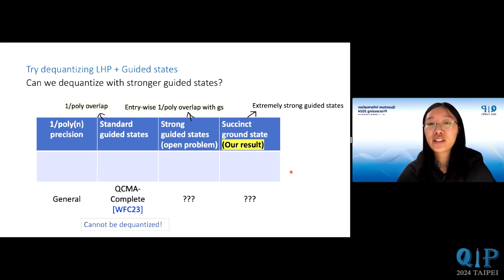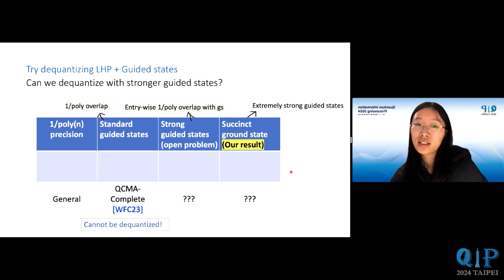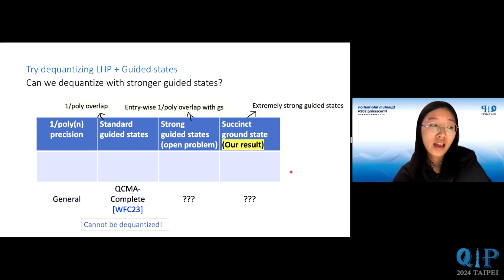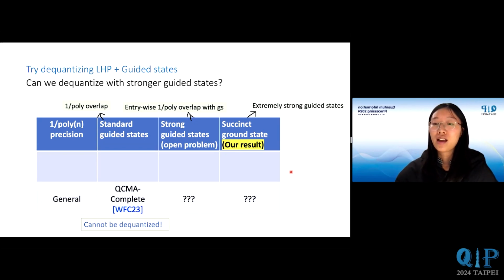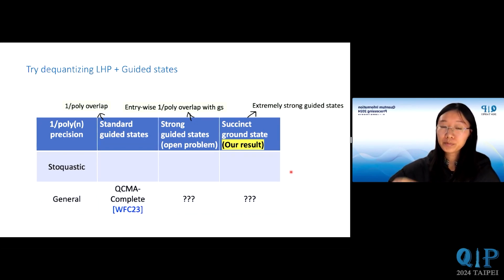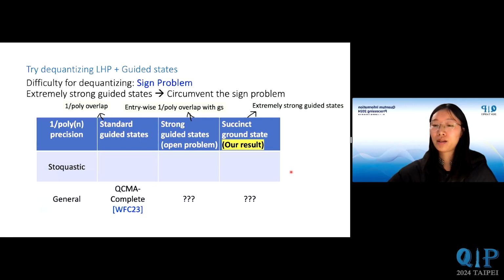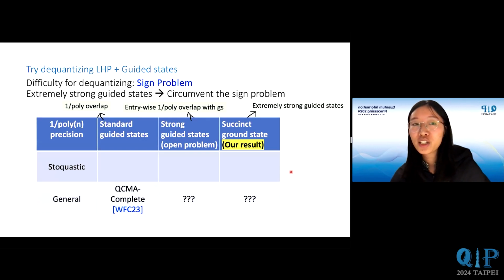There's no standard definition of strong guided states, but here I temporarily define it as a state which has entry-wise 1 over Pauli overlap with the ground state. So these are two definitions of stronger guided states.